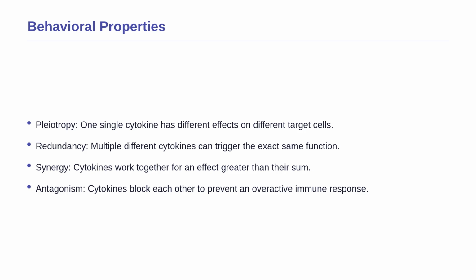Cytokines can also work in synergy, combining forces to produce a massive effect. Or they can display antagonism, blocking each other's actions. Without these overlapping properties, our immune system would either be too weak to fight a cold or so aggressive it would destroy our own organs.